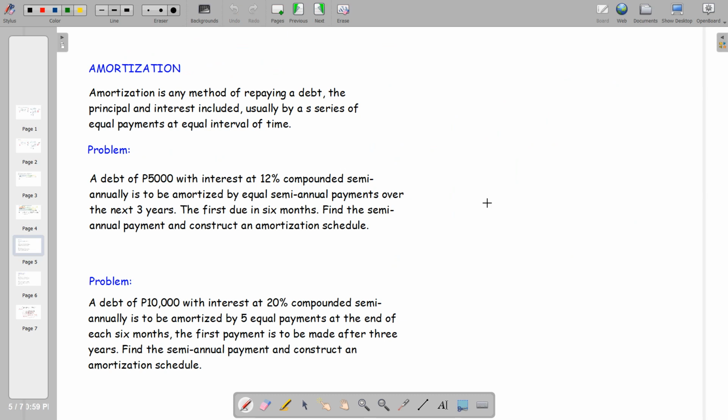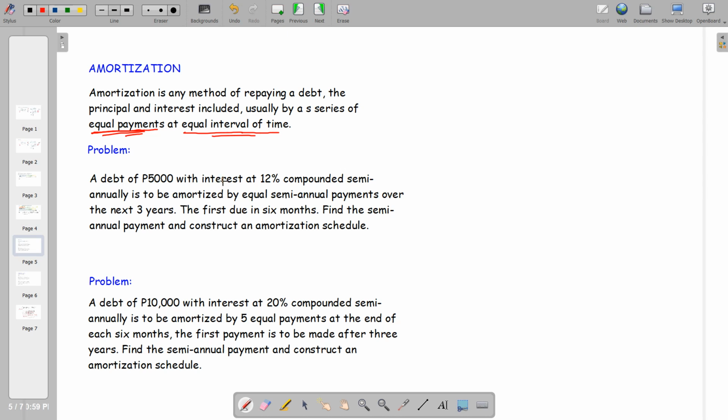This time we have the amortization. So amortization is any method of repaying a debt, the principal and interest included, usually by a series of equal payments at equal interval of time. So when we talk of equal payments, it refers to annuity, kasi these are uniform payments at equal interval of time. So ang may dadagdag dito in our lesson for today is how to construct an amortization schedule.